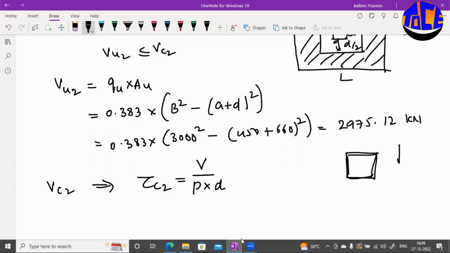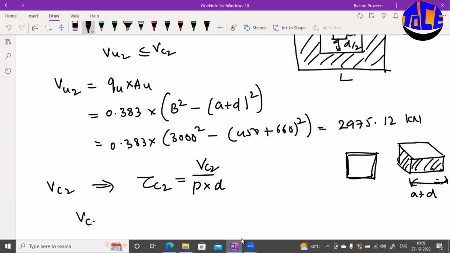Okay, so if you see in 3D, it looks something like this. This is your periphery area, and this length is A plus D, right? Now this is VC2, so we need to find VC2, not shear stress.